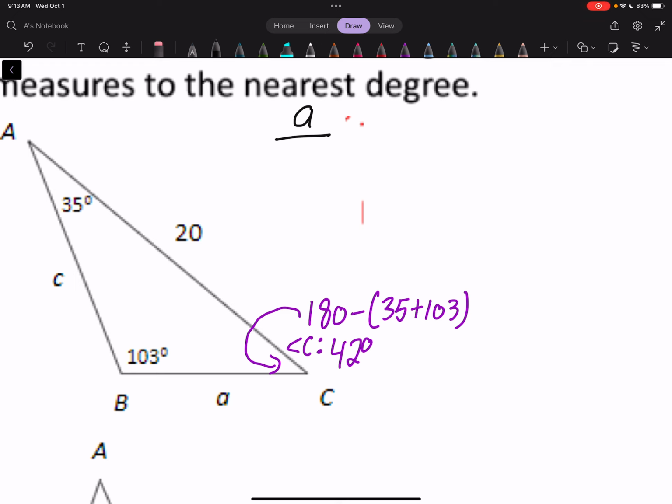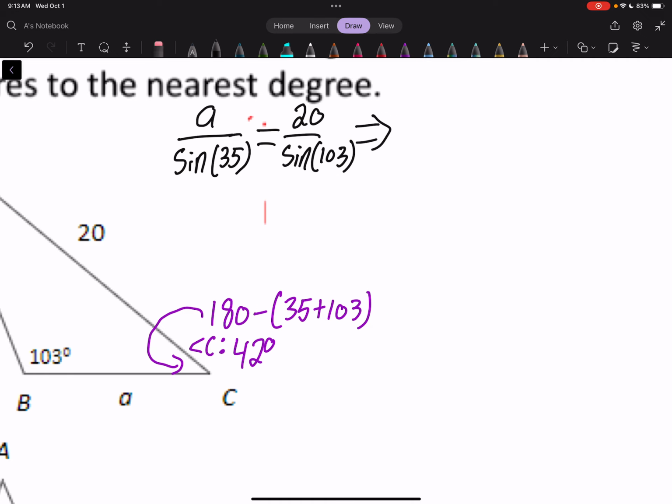Side A divided by sine of angle A, 35, is equal to side B, 20, over sine of angle B, 103. Multiply both sides by sine of 35 to solve for A. A is equal to 20 times sine of 35 divided by sine 103.